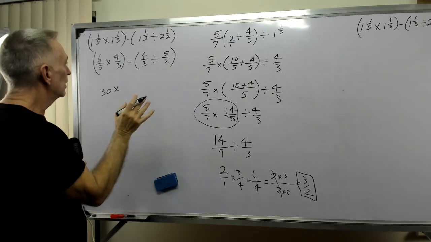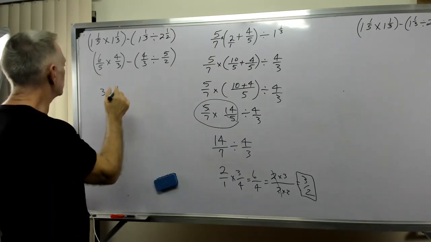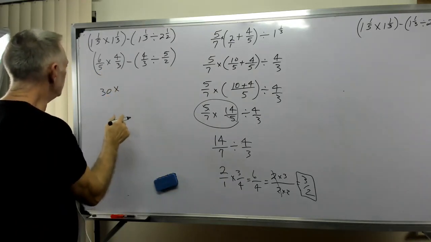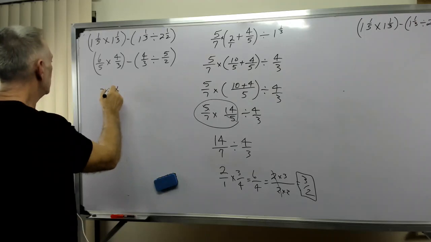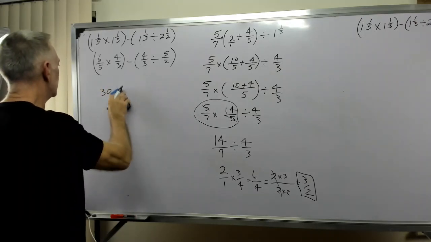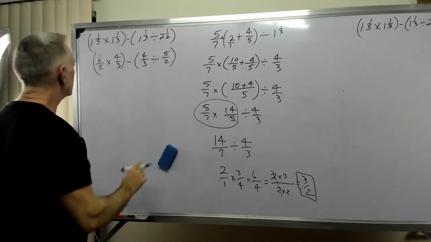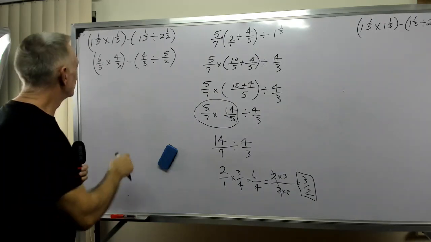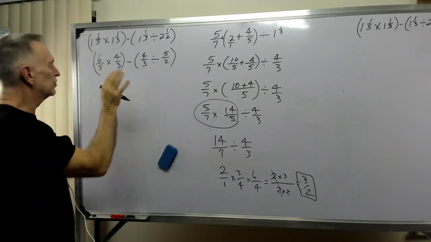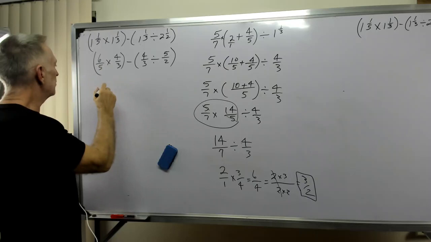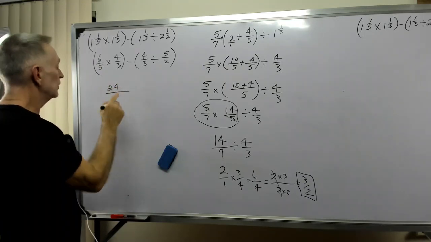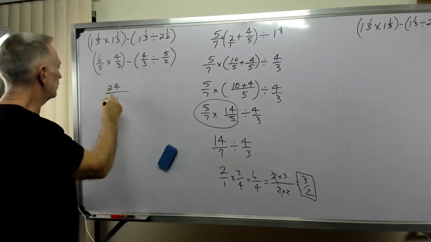Or, well, let's try that. Actually, let's not try that. Let's go ahead and multiply these out and see what happens. 6 times 4 is 24. You could do the other. 5 times 3 is 15.